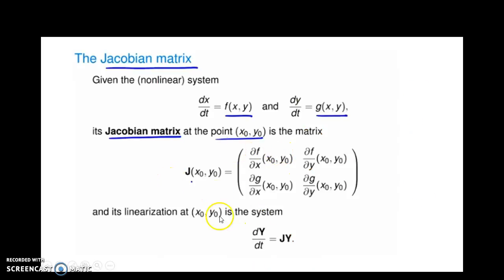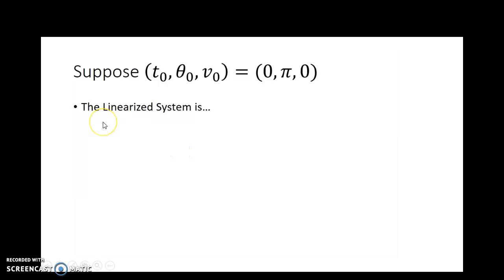Alright, so again, to review how we're going to now operate on this and try to linearize it, we need to take the partial of the first function with respect to the first variable, and then with respect to the second variable, and then of the second function with respect to the first variable and the second variable. So I need to do some bookkeeping here.